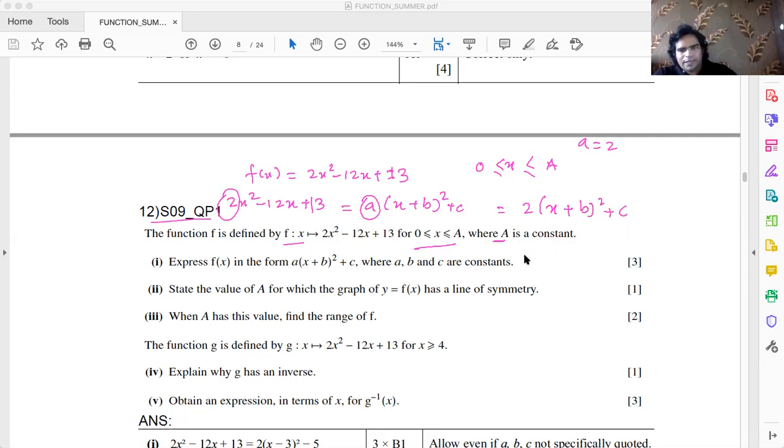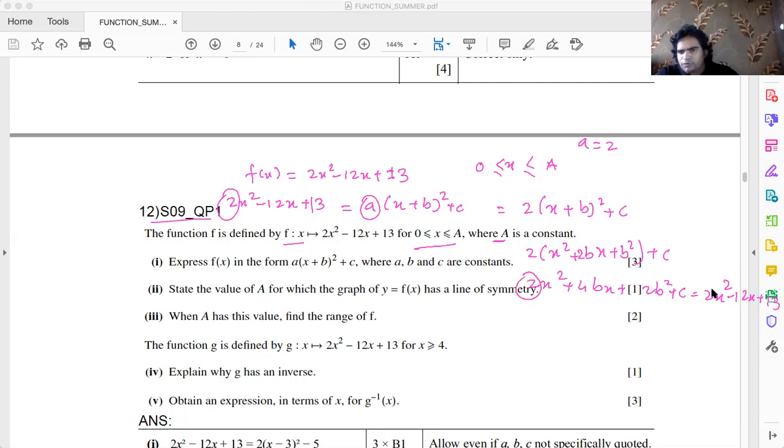Opening the brackets, it'll be 2 times x squared plus 2bx plus b squared, plus c. So that becomes 2x squared plus 4bx plus 2b squared plus c, and this equals 2x squared minus 12x plus 13.